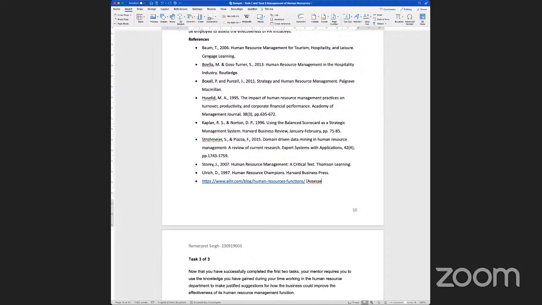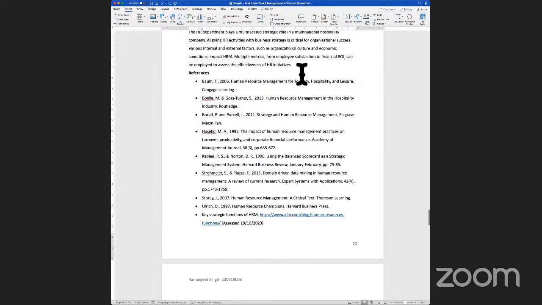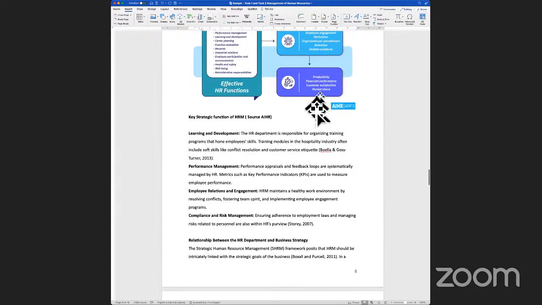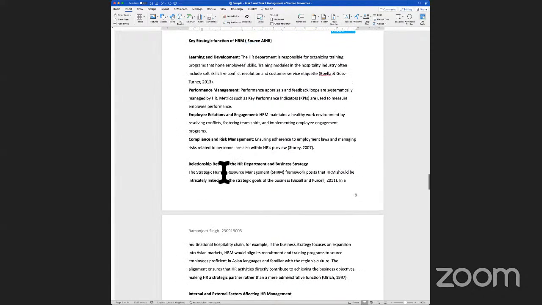Accessed on 19/10/2023, and then this talks about the key strategic functions of HRM. So here again, because there's a word limit of 1500 words, I'm going to suggest that you elaborate on all these functions. Also, give an example, and that would allow you to complete this task.